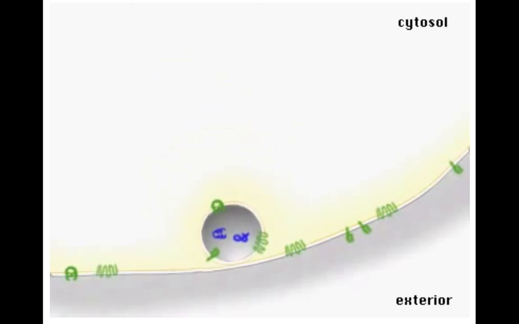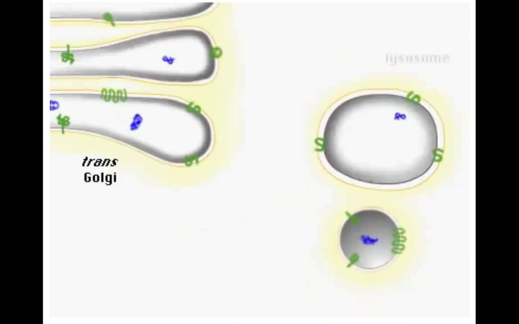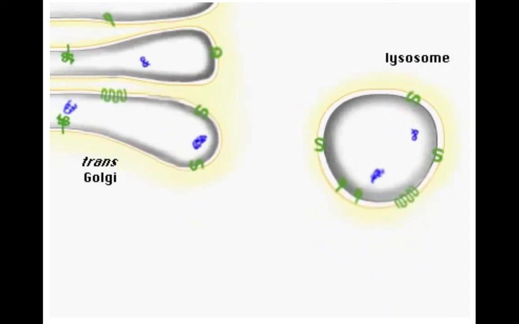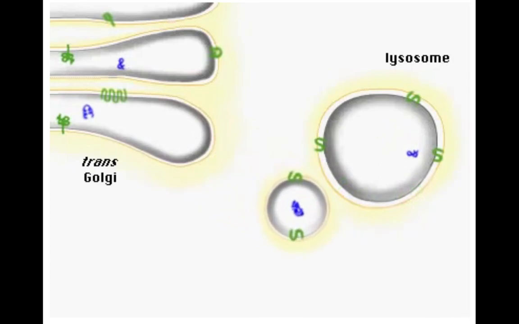When the membranes fuse, the proteins are released into the extracellular space. Soluble proteins on the outside of a cell can re-enter by endocytosis and are sorted to lysosomes for degradation. Other proteins, including lysosomal enzymes, sort directly to lysosomes from the trans Golgi.